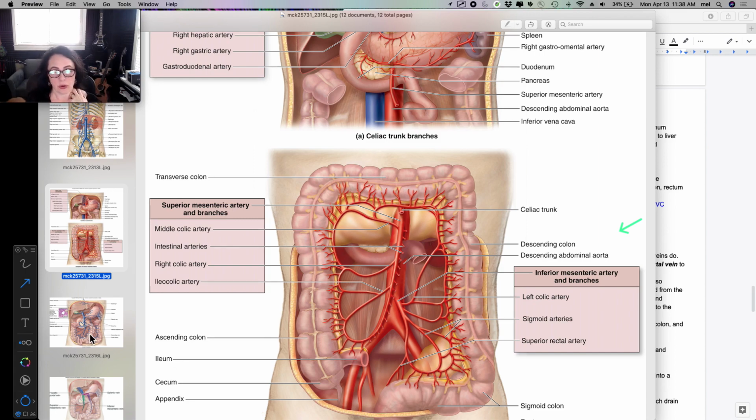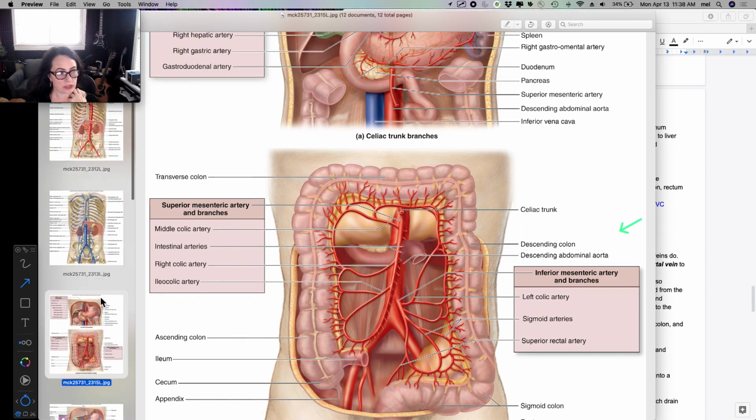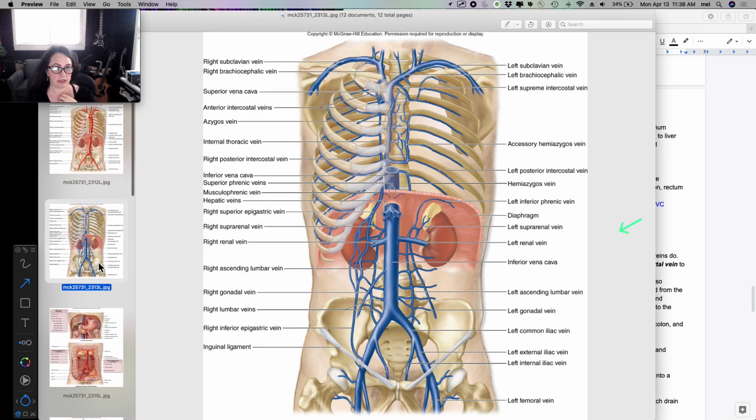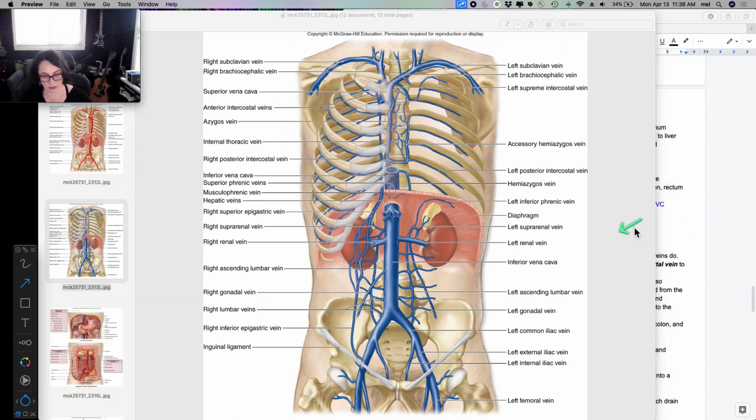Okay. So let's do the easy portions of venous drainage of the abdominal pelvic cavity first. And the easy portions are the portions that don't use hepatic portal circulation. So this guy right here, these are of course renal veins, right? Okay, blood is going back that direction through renal veins. What else is easy portions?